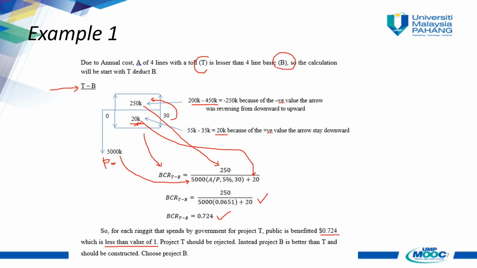So project T should be rejected. Instead, project B is better than T and should be constructed. So the government should choose project B as the chosen project.